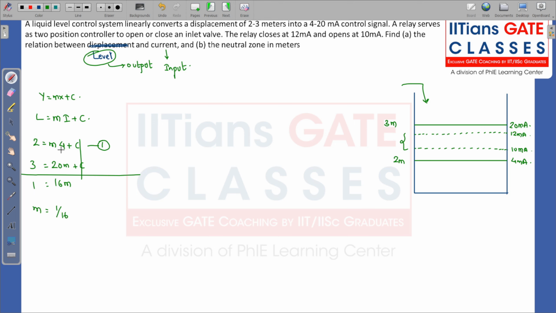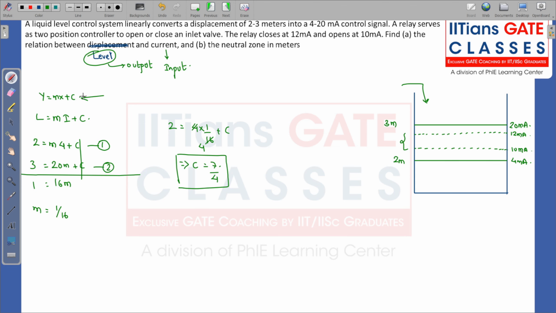If I put it in equation 1, 2 equals 4 into 1 by 16 plus c, so c comes out to be 7 by 4. Simply plug this in and you will get the relationship between level and current.